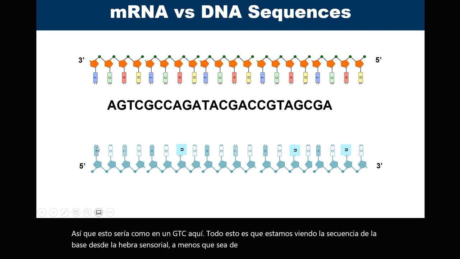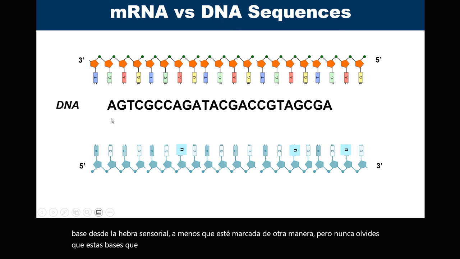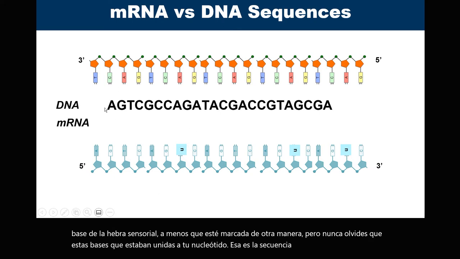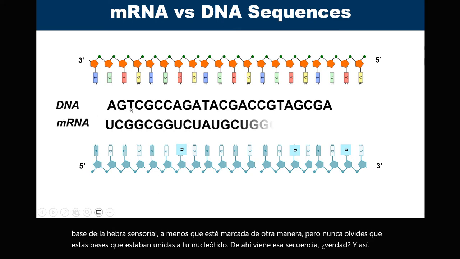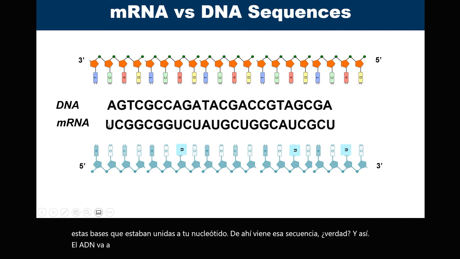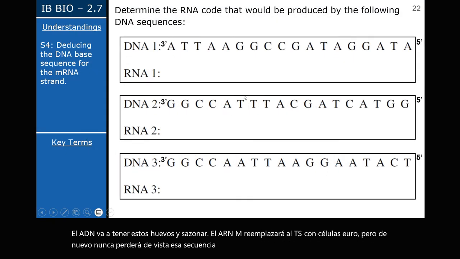But never forget that these bases that were attached to your nucleotide, that's where that sequence is coming from, right? And so the DNA is going to have these A's, G's, T's, and C's, and the mRNA will replace the T's with uracils. But again, never lose sight of where that base sequence is coming from. It's coming from the nucleotides.